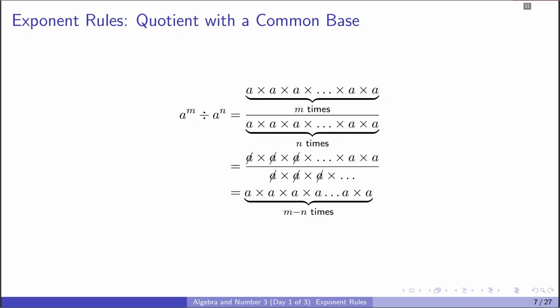We're going to be left with m minus n copies. So if there's more in the first number, these copies will be in the numerator. If n is greater than m, these copies will be in the denominator. Okay, so this becomes a exponent m minus n. If you've got a to the fifth over a cubed, 3 a's cancel in both places, you're left with a squared.